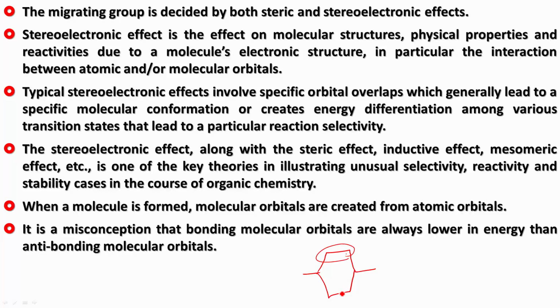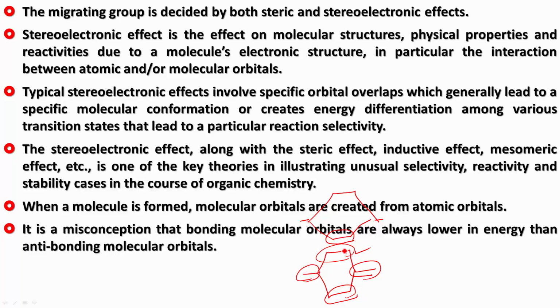But remember, that is only because these two are created from the same set of atomic orbitals. But suppose I have higher atomic orbitals. Now they will also have bonding, they will also have antibonding, but can you notice that this bonding is higher in energy than this antibonding? So it is not necessary to believe that all antibonding will be higher in energy than all bonding.